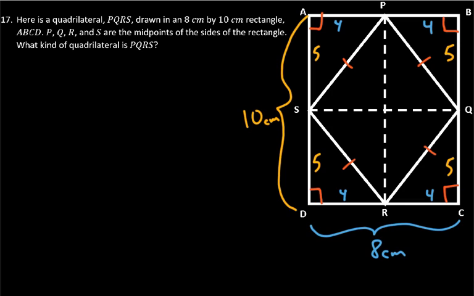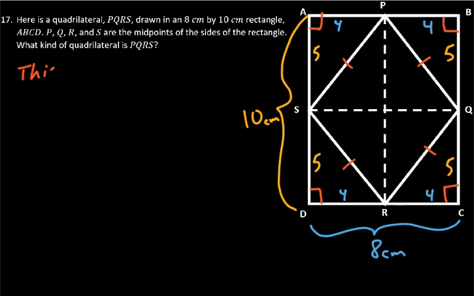We could solve for those, but we don't need to. And if these were right angles here, we would have a square because the sides are all congruent, if these were all right angles, but they're not. And so instead of a square, we have a rhombus.